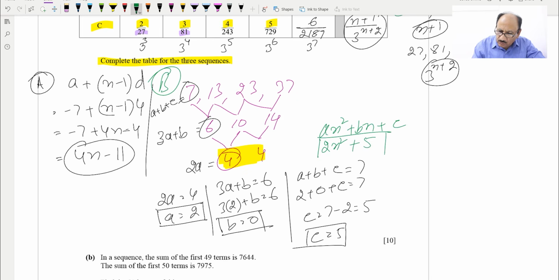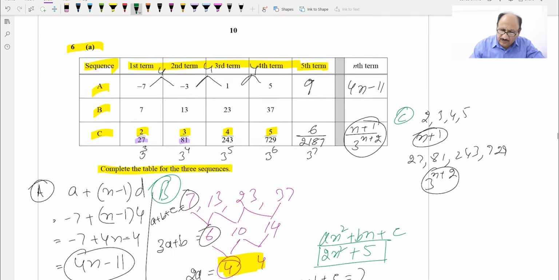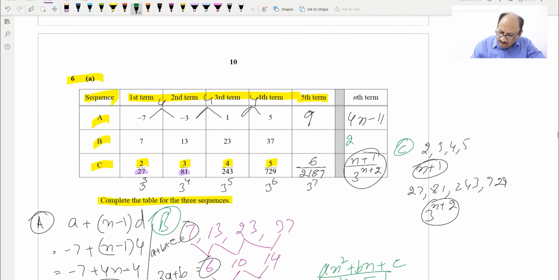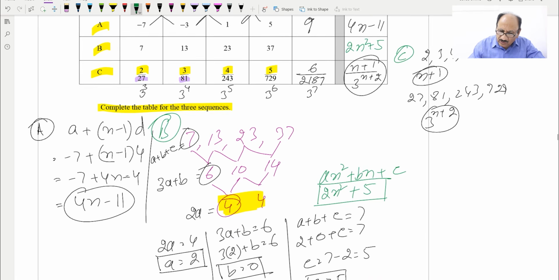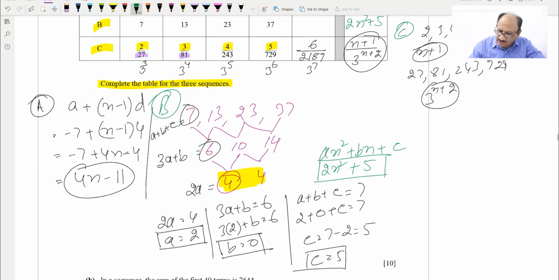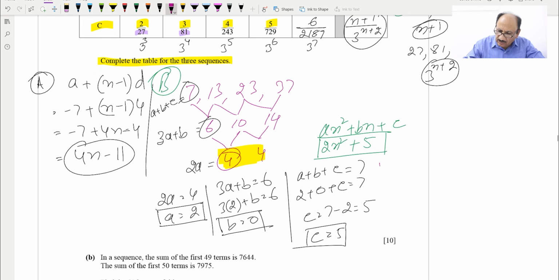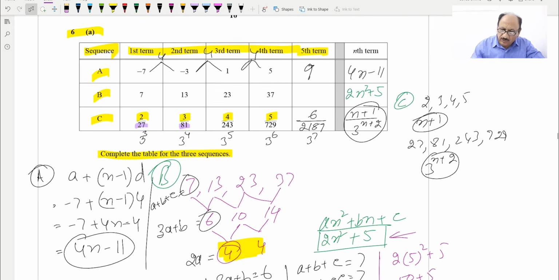So 2n square plus 5 will be our nth term. Now the fifth term is required, so what we can do is replace n with 5 in this one, so 2 into 5 square plus 5, so it will be 25 into 2 will be 50, 50 plus 5, this will result in 55, so our fifth term will be 55.